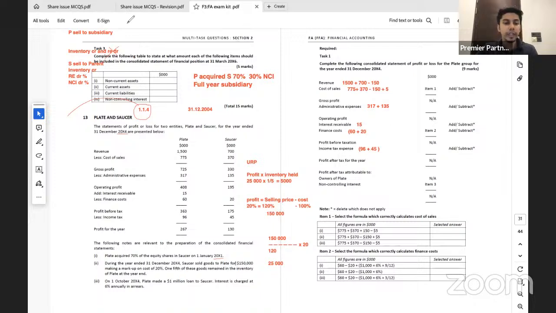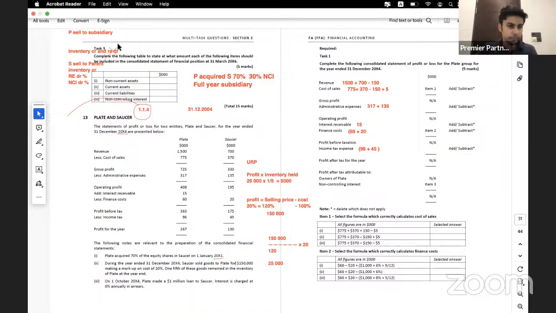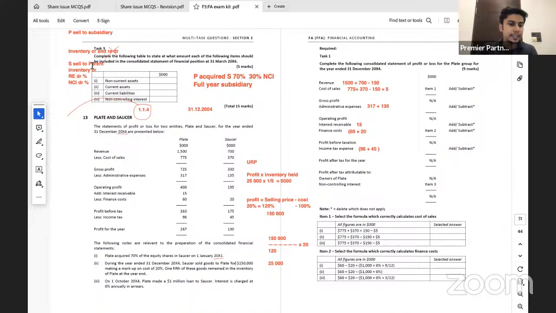So therefore, we are not worried about the debit entry. When subsidiary is selling to parent, retained earning debit, we are not getting involved. NCI debit, we are not getting involved. Why? When the retained earning becomes debit, when the NCI becomes debit, that's an impact to the SOFP. So we are not going to be worried about that.